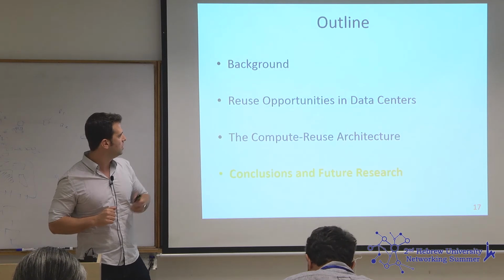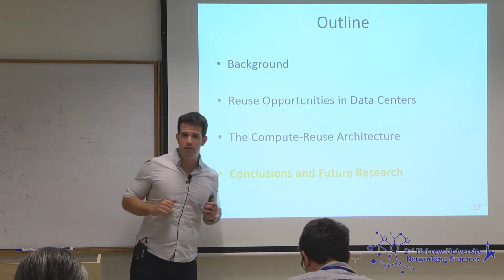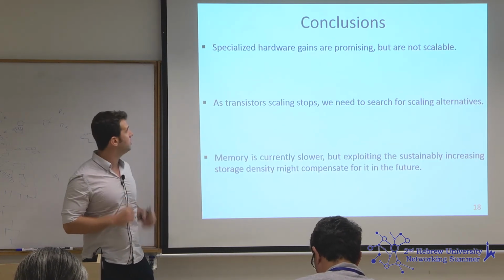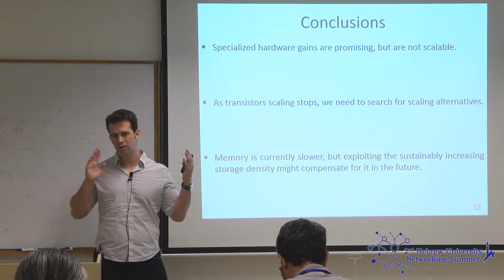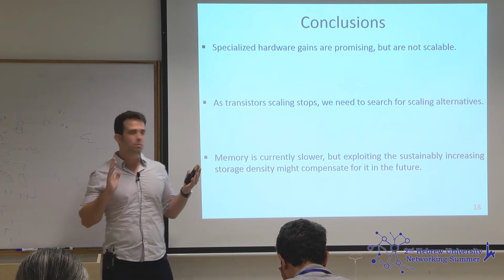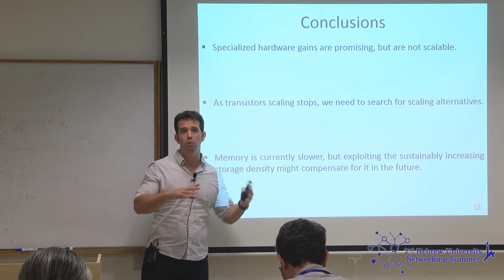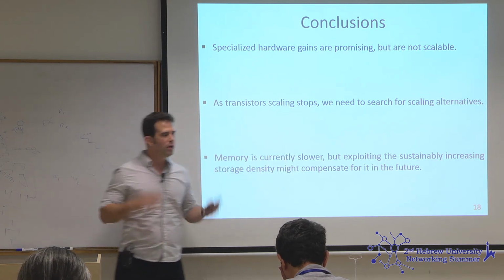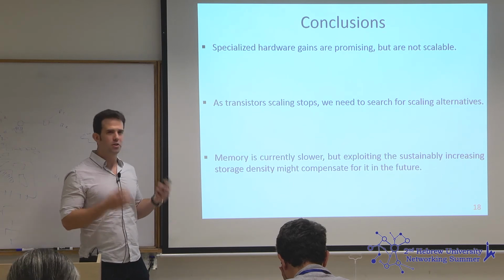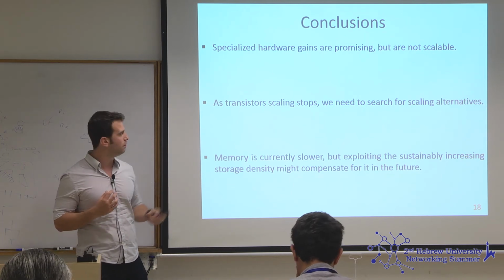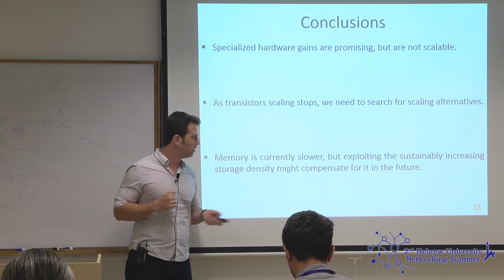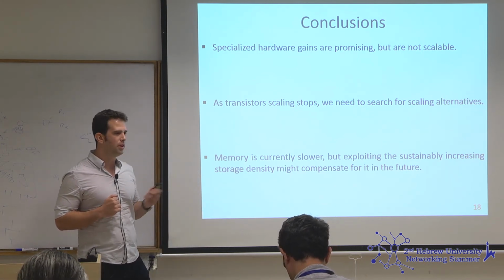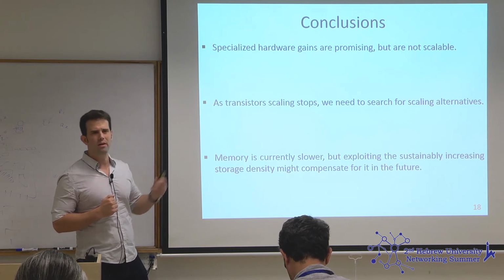work in progress. So, final takeaways from what we have learned today. Specialized hardware is awesome. Accelerators are great, but their gains might not be scalable for the next 50 years. We need to find ways to compensate for this lack of scalability in the future, and we need to find new technologies that scale in order to embed them in the accelerators.